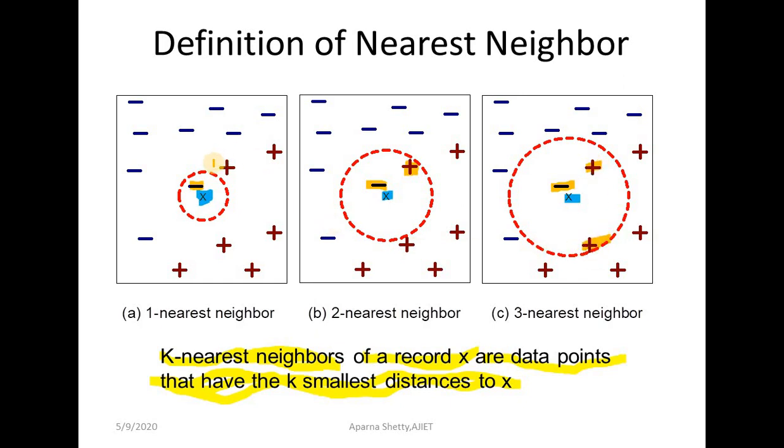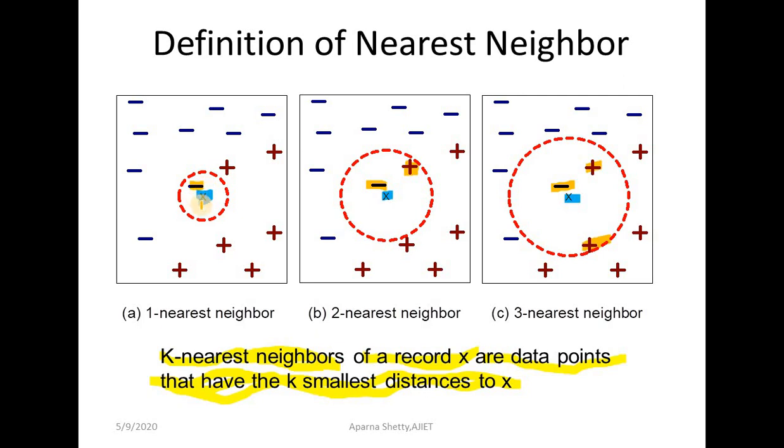Now here is how you will calculate the nearest neighbor based on the closest point. For the test data, first you will find the distance between the test data and all the training records. For one nearest neighbor, one closest point, among all the distances to the training records, the closest distance, that record will be the nearest neighbor.